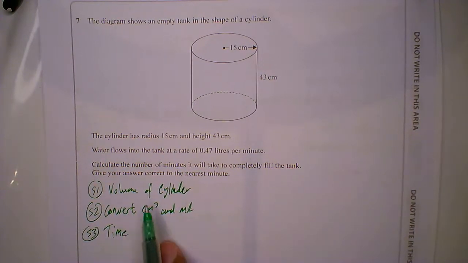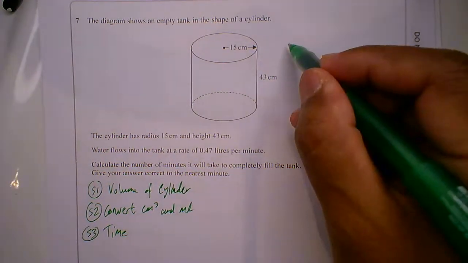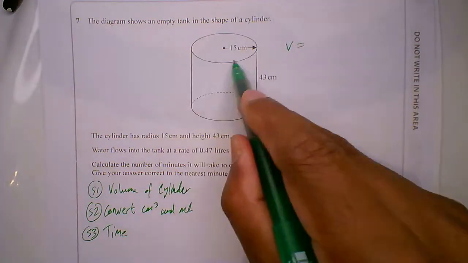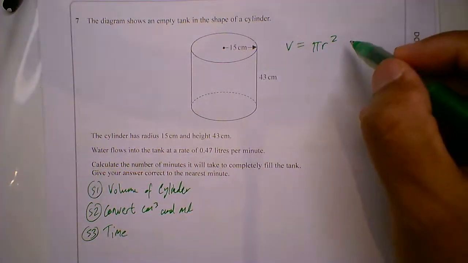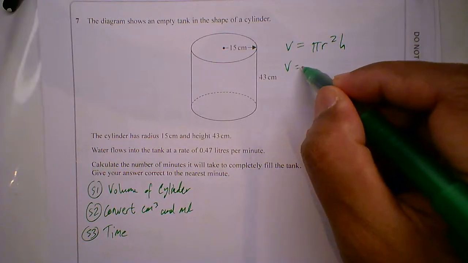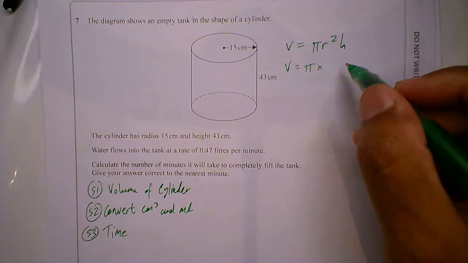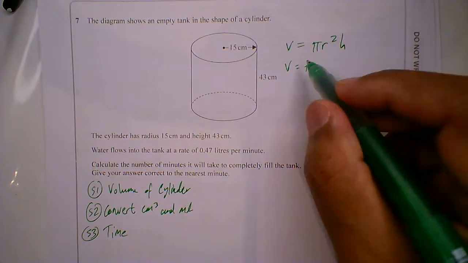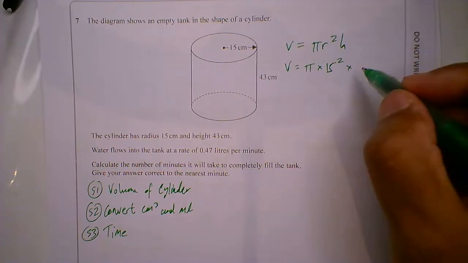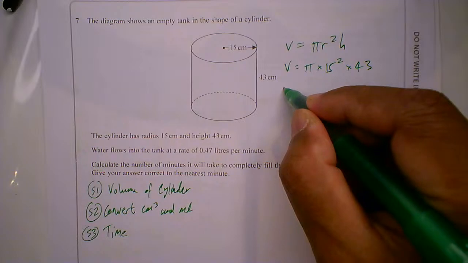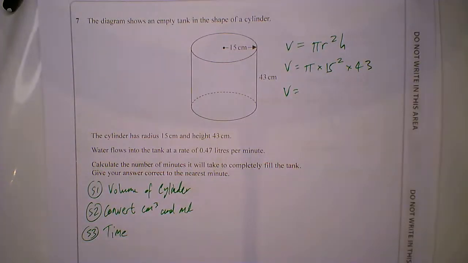So first of all, volume of a cylinder. We've got area of a circle, which is pi r squared, then multiply by the height. So our volume becomes pi times the radius, 15 squared, times my height, which is 43. Put that into our calculator.